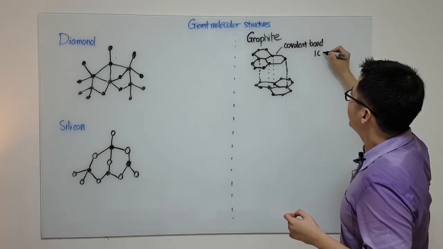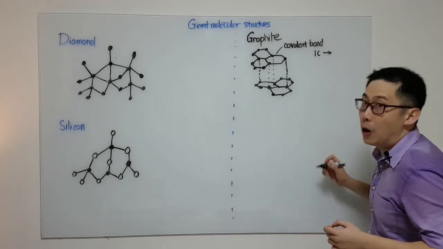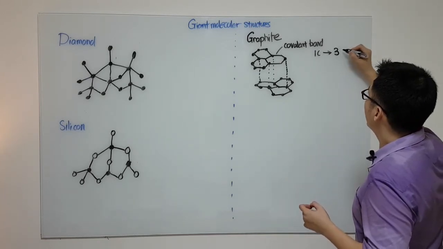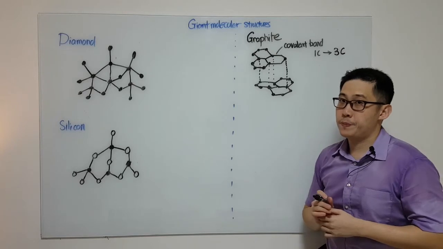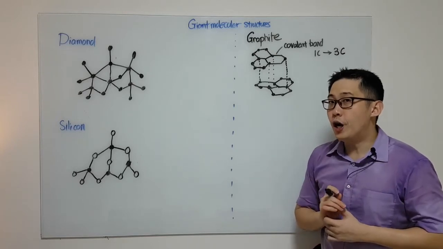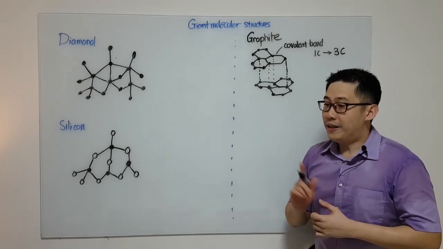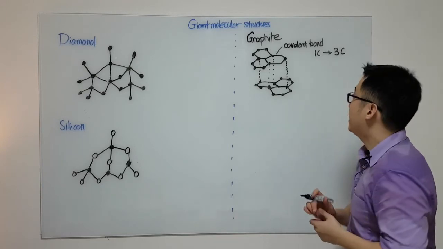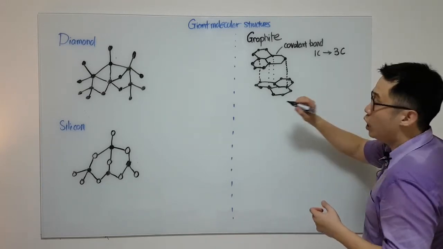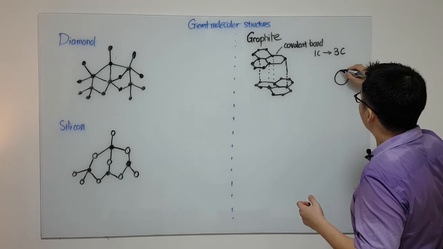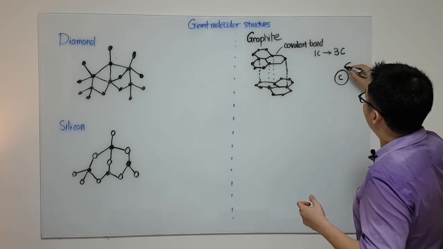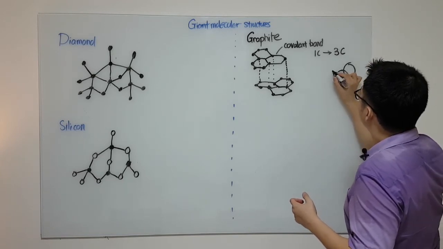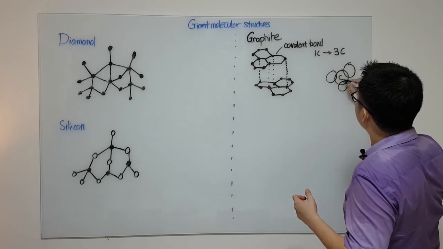One carbon is covalently bonded to 3 other carbons. Students, if you recall, when this is actually the case here, that means your carbon looks something like this. I have one carbon here, covalently bonded to 3 more carbons.